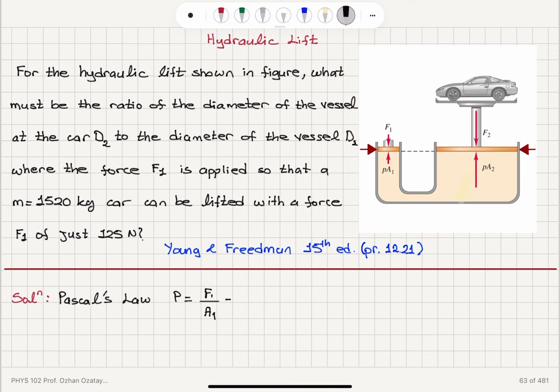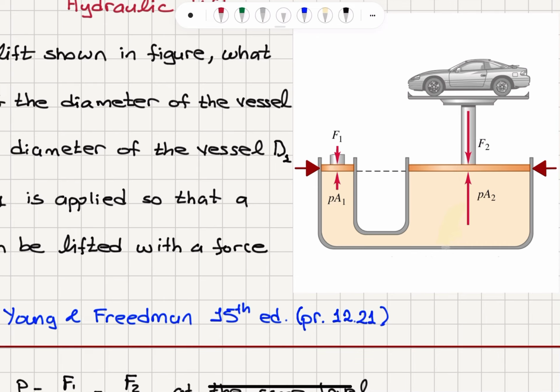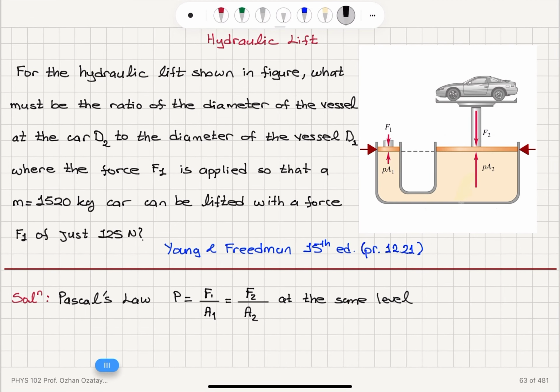It's the same pressure that is transmitted to the other side, and that is the force F2 on the other side divided by the cross-sectional area A2, and these pressures will be the same at the same level. All right, you can see here we have the same level, the same pressure.